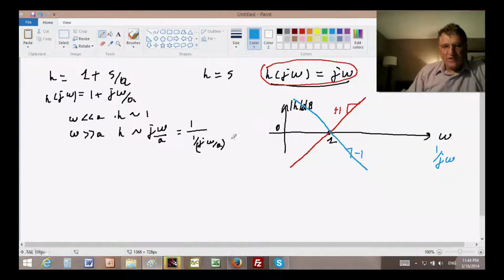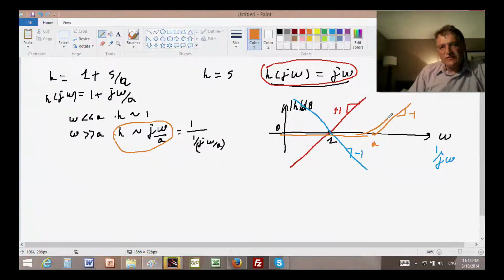Likewise for this guy, this is 1 over 1 plus j omega over a. If a is here, then what is this guy? Well, it's about 1 magnitude-wise until it reaches a, and then it looks like j omega over a. And j omega over a is precisely the line of slope +1 that this guy eventually espouses. Now the true transfer function looks like this.